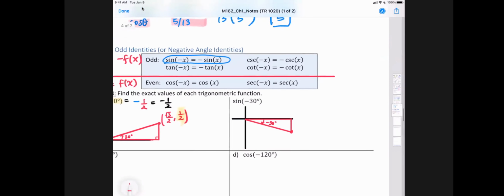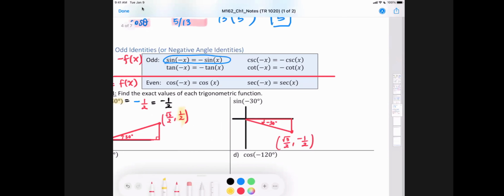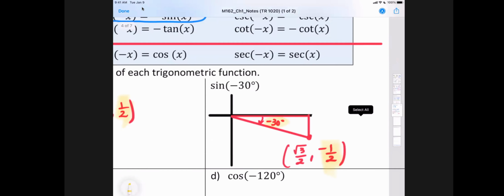Okay, so then this coordinate point is long on X, short on Y, but negative because we're in quadrant 4. And so the sine of negative 30 degrees is just negative 1/2 because this picture is already drawn with this negative 30-degree angle. So this answer right here is just equal to negative 1/2.